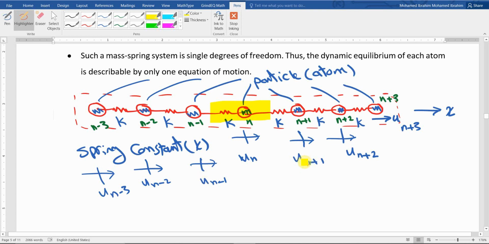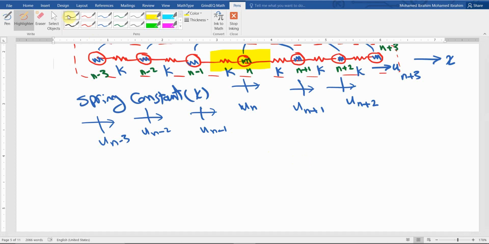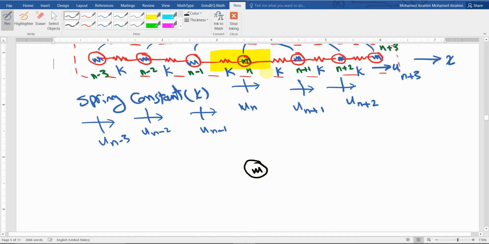So if we decided to draw the free body diagram from the dynamics class, assume that you have a mass M, connected to another mass, which is this one, and this is the mass M, but this is n negative 1, this is n plus 1, and this is the n mass.